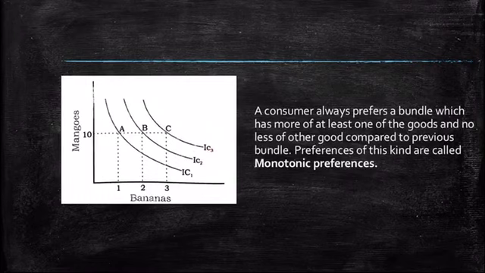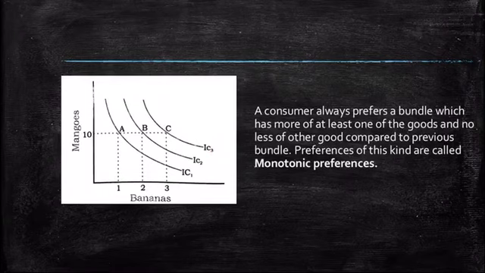So observe the diagram carefully. In all the 3 bundles, he is gaining 10 units of mangoes only. But from one bundle to another bundle, he is gaining more bananas. So he is getting the highest level of satisfaction from the higher indifference curve, which is IC3 in this diagram.